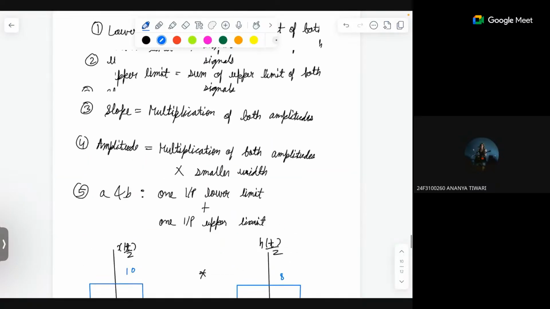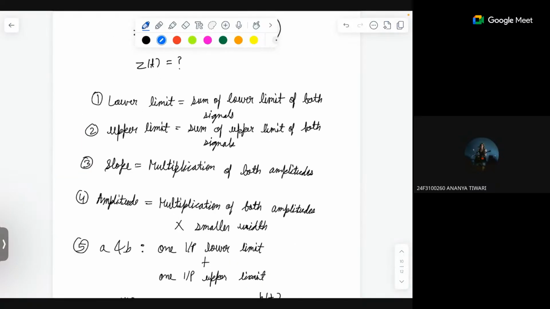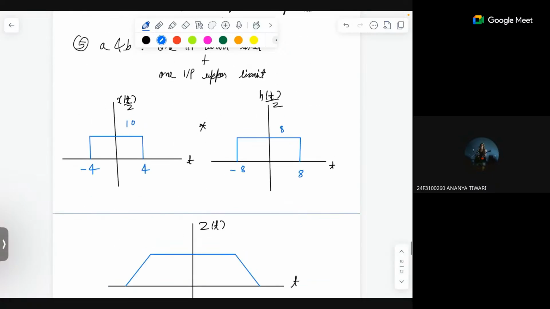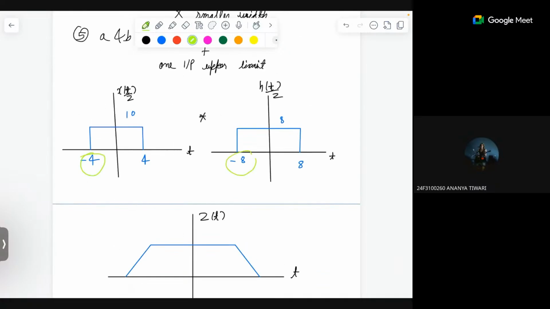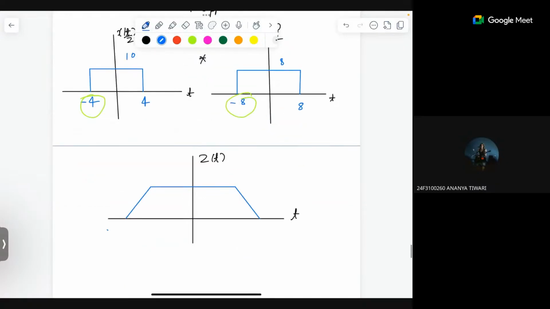According to the first property, the first point of the shortcut, for the lower limit, it is the sum of the lower limits of both signals. So lower limit of this plus lower limit of this, minus 8 minus 4, minus 12. For the upper limit, I will take the sum of the upper limits of both. So 4 plus 8 is going to give me 12.